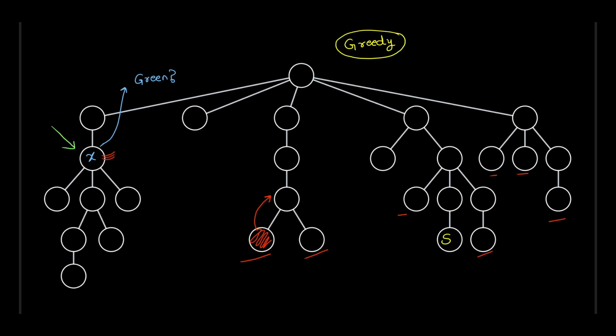So if your goal is for this to become the maxima, why do you even want to touch the other elements that are not on its path? So you fix this as your pivot and you start deleting this node. You delete this, you delete this, and of course we are assuming that S is less than X, because if S is bigger than X, then of course S will simply delete it instead of letting it be the maxima. So we assume that you delete this, you delete this, and you delete this.